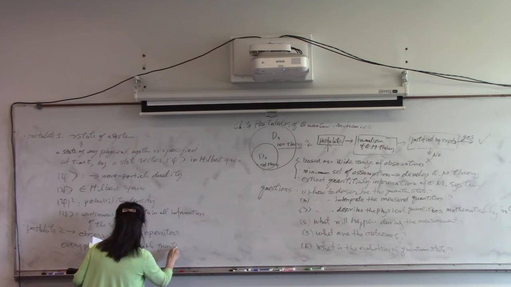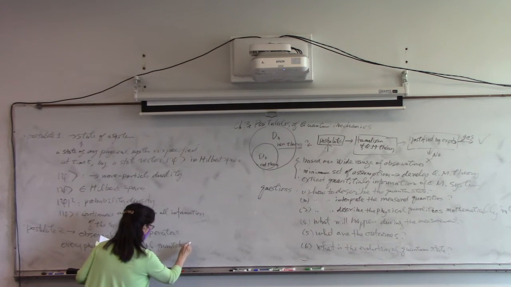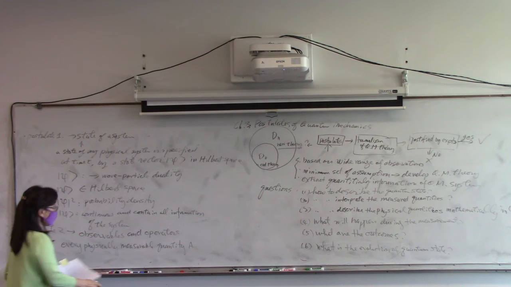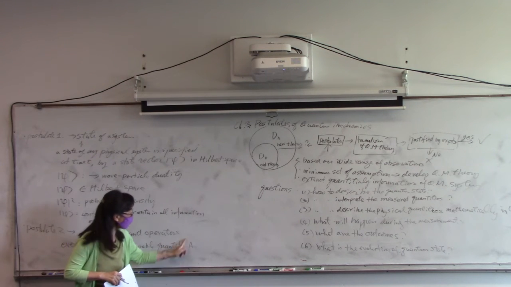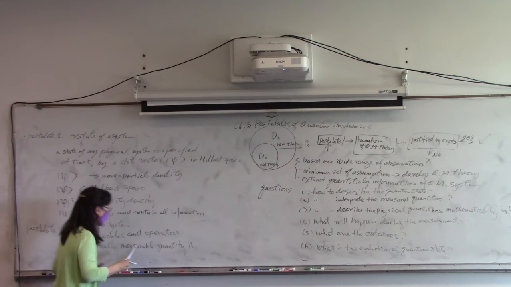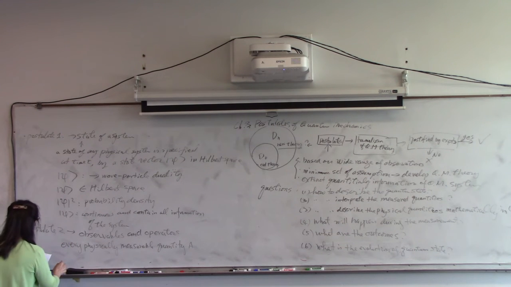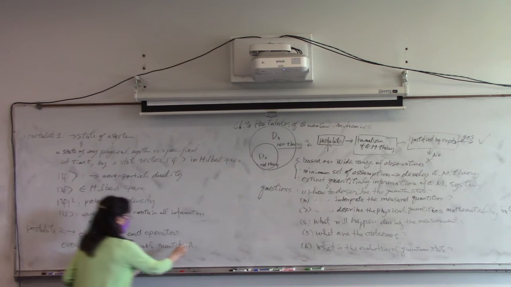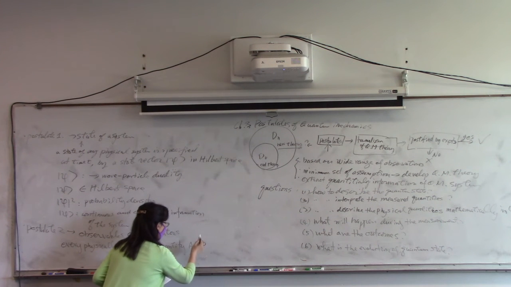For example, I use A, a measurable physical quantity. We call this an observable. So when we say observables, this is what we mean.